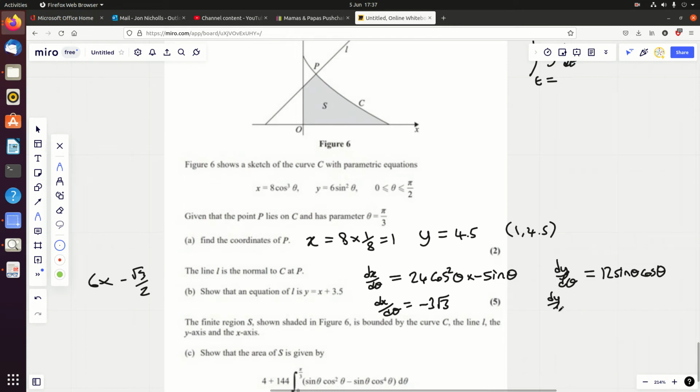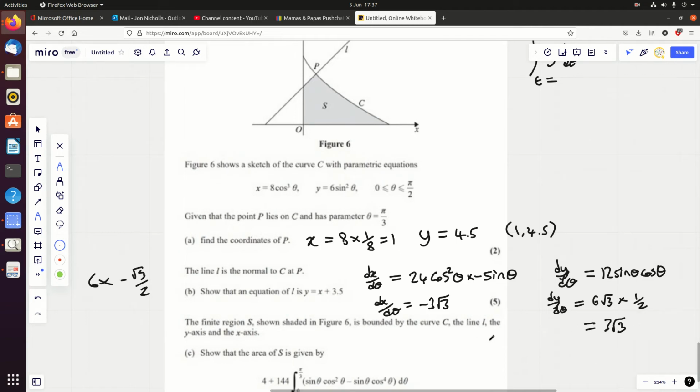dy by d theta is going to be 12 times sine of pi over 3 cos pi over 3. Well, sine of 60 is root 3 over 2, so times it by 12, you're going to get 6 root 3, and you're going to be multiplying that by cos of 60, which is a half, and so we're going to get 3 root 3 for that.